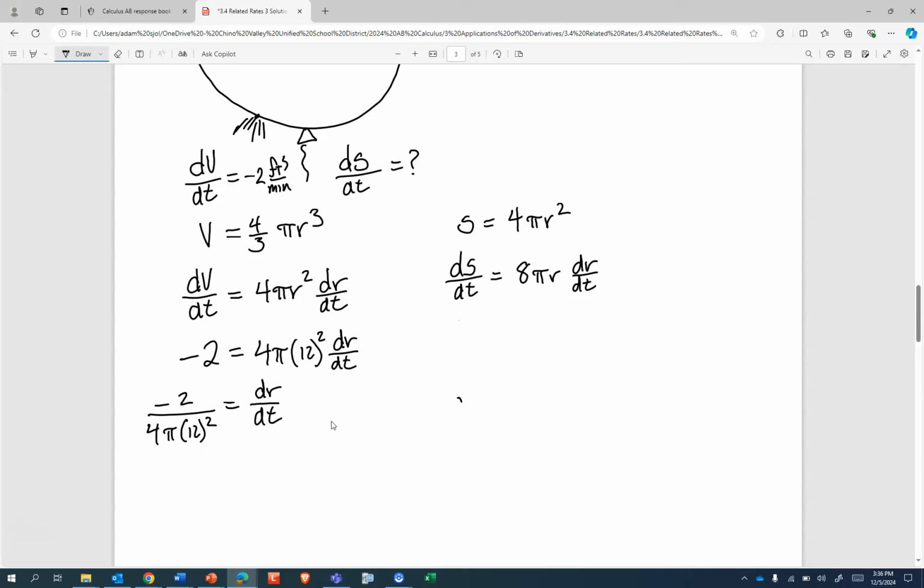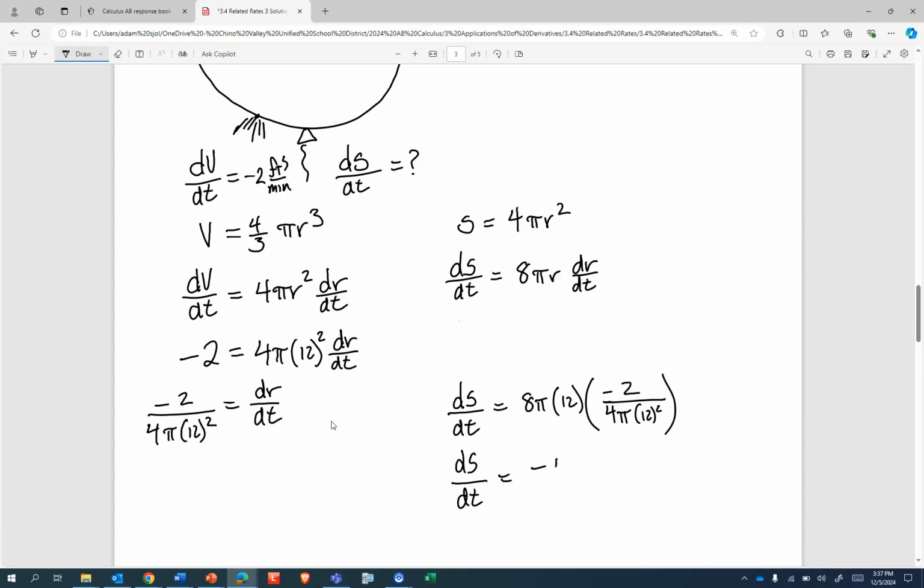So then I'll put that into dS/dt over here. And we get 8 pi. Instead of r, we write 12. And instead of dr/dt, we write this thing that we just figured out, -2 over 4 pi times 12 squared. So we're actually kind of done. The pi's divide out. One of the 12's divide out.